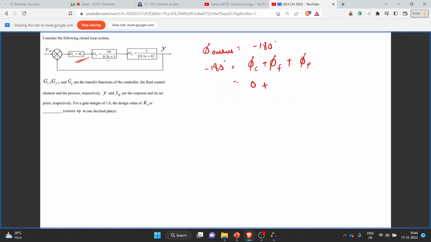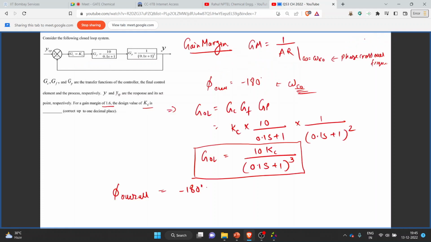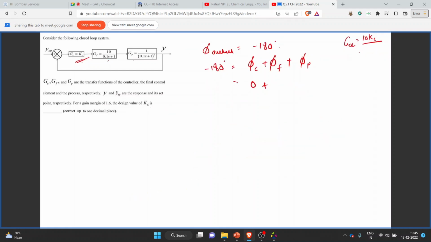For the rest, we already wrote the open loop transfer function for this entire system as 10 times Kc upon (0.1 s plus 1) whole cube.